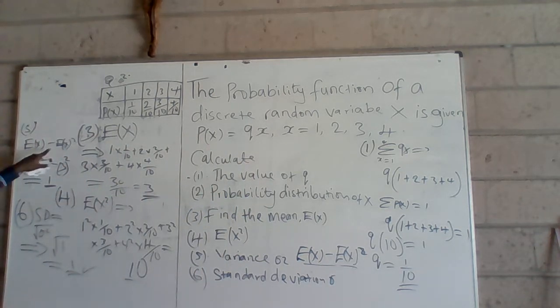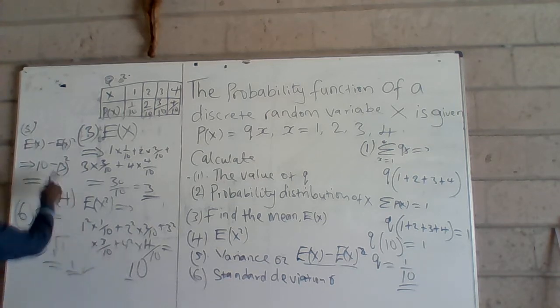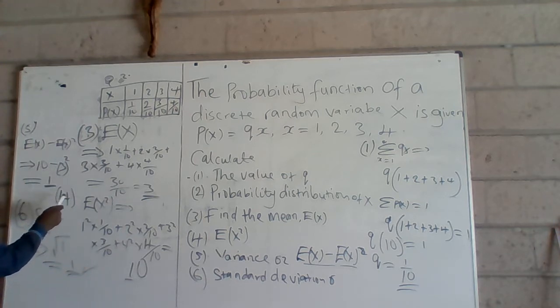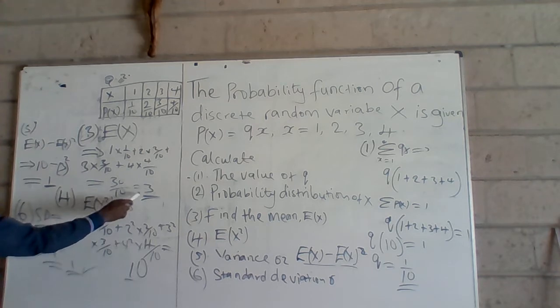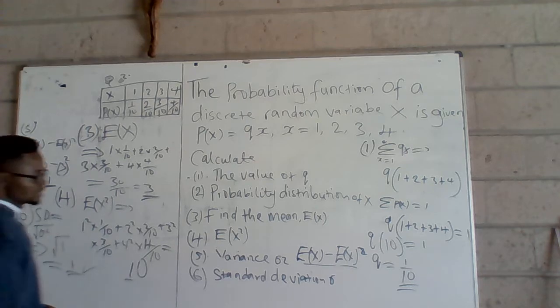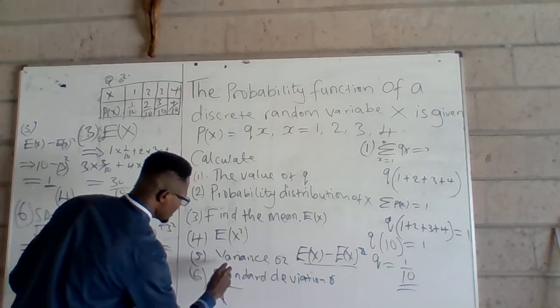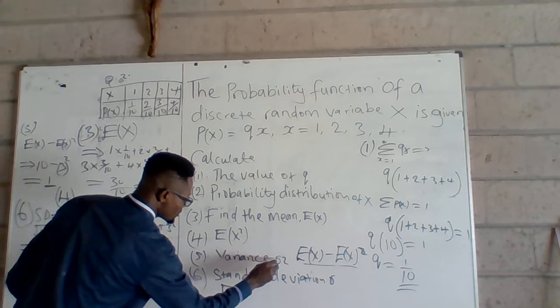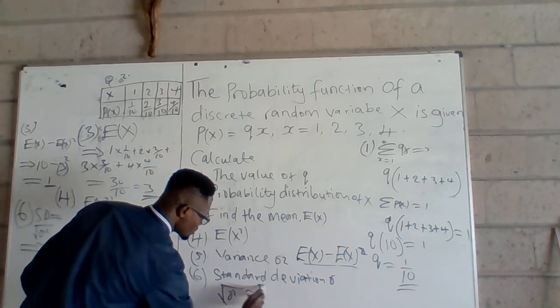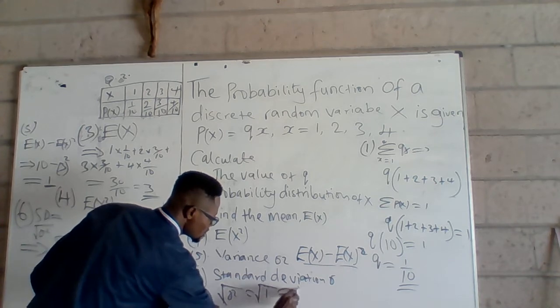We know that the expected value of x squared was 10, then the expected value squared gives us 9. That is why we have 10 minus 9, which is 1. And the standard deviation is simply the square root of variance. So the square root of variance is equal to the square root of 1, which we know is equal to 1.